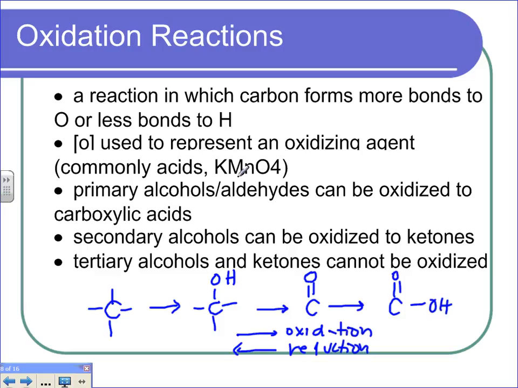Anything that has a high amount of oxygen will often be a good oxidizing agent, or something that can be used to oxidize. Rather than worrying about particular oxidizing agents at this time, we're going to use square brackets with an O, and that's a general way to show that we've added an oxidizing agent.